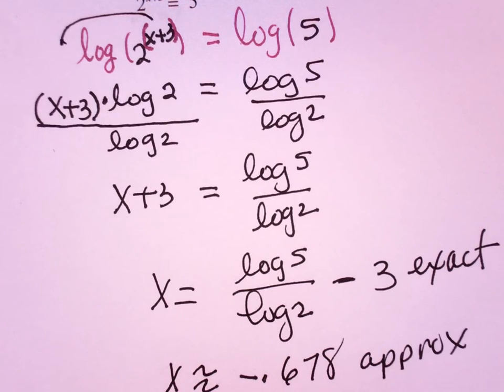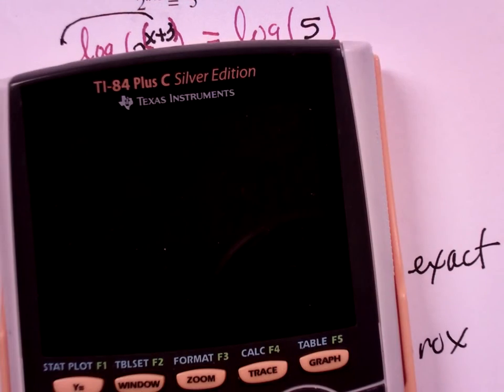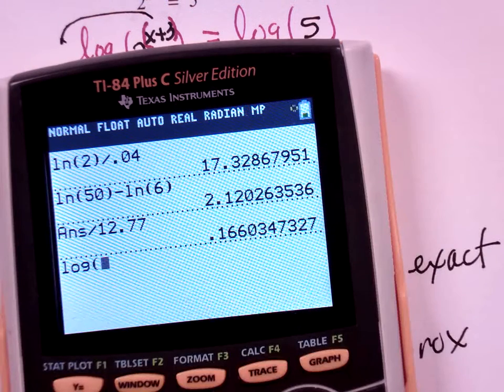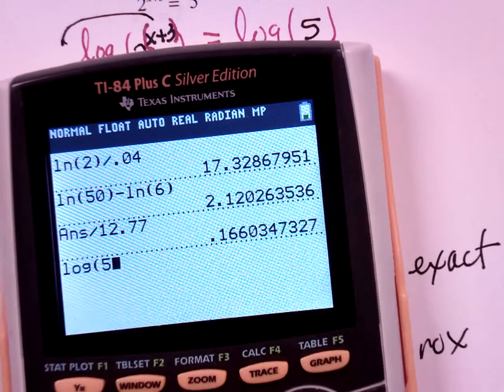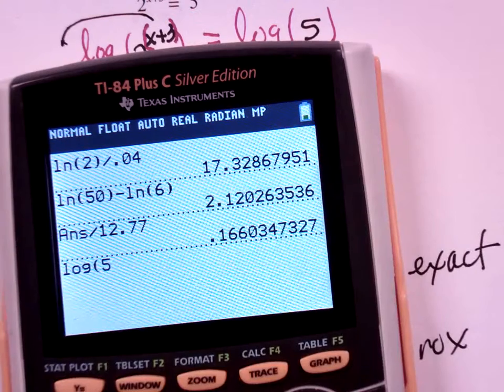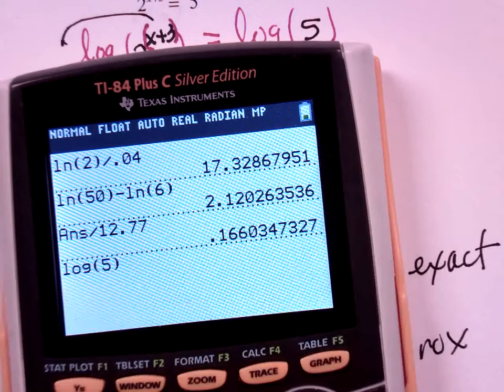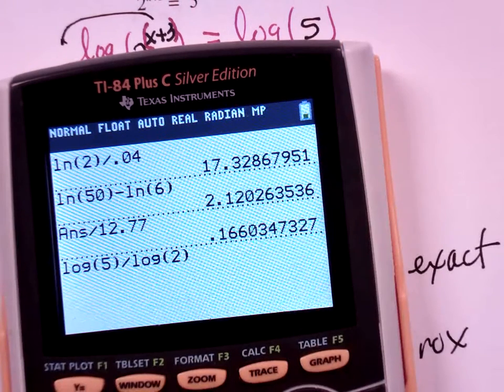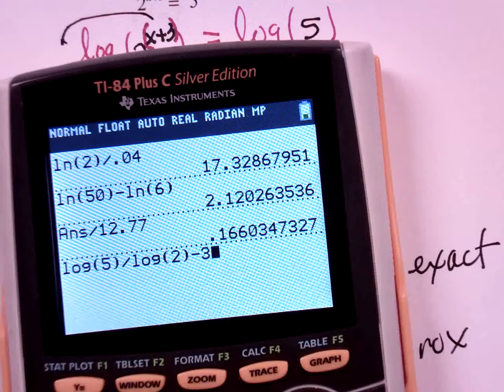This is where you're going to have to be very careful, because when I go to take the log of 5, I need to make sure that I close that off before I do the log of 2, and I have to make sure I close that off, and then I can subtract 3.